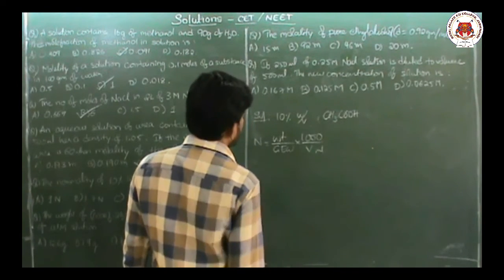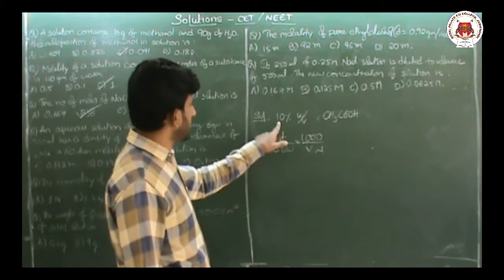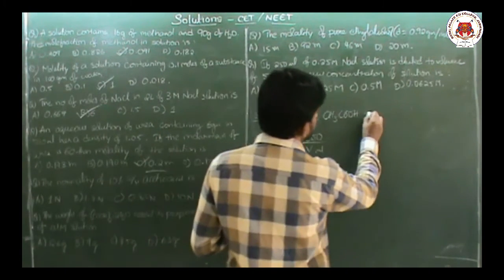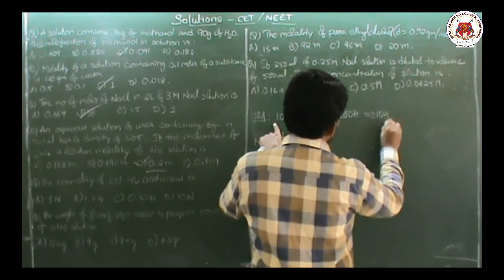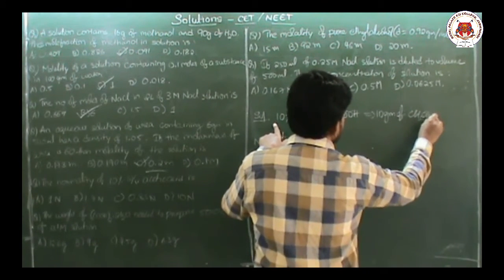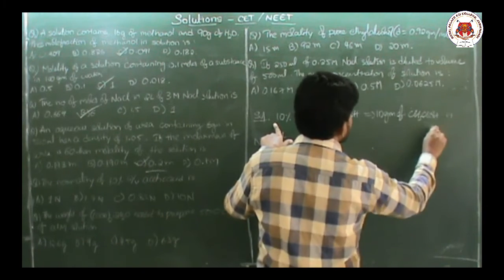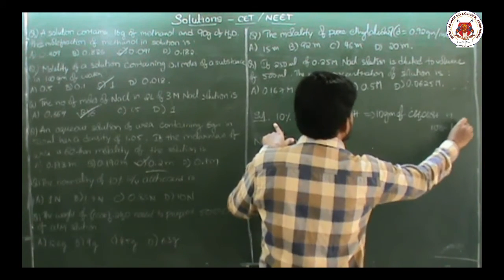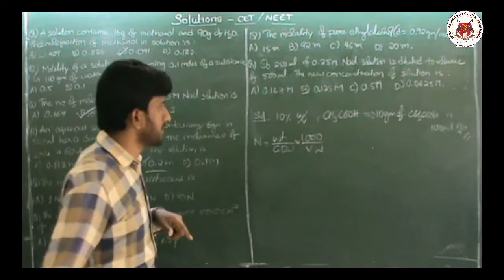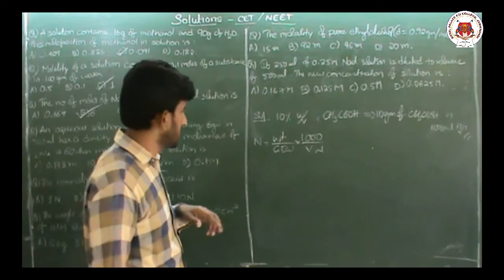First of all, weight is not directly given, it is given as weight by volume percent. What is the meaning of weight by volume percent? 10 grams of acetic acid is present in 100 ml of water. That is the meaning of 10% weight by volume.